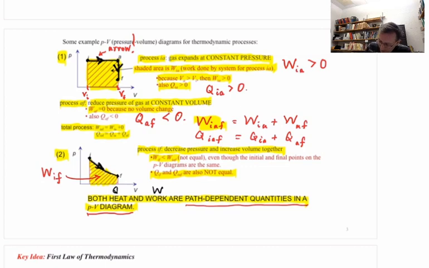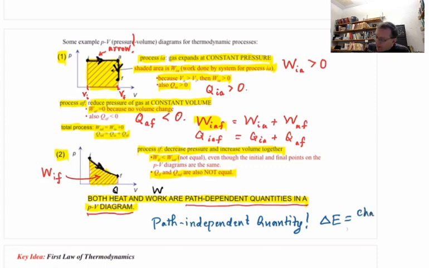Okay? So there is a path-independent quantity in a PV diagram. And it turns out what that is, I will just denote, notice the delta symbol. Delta means change.